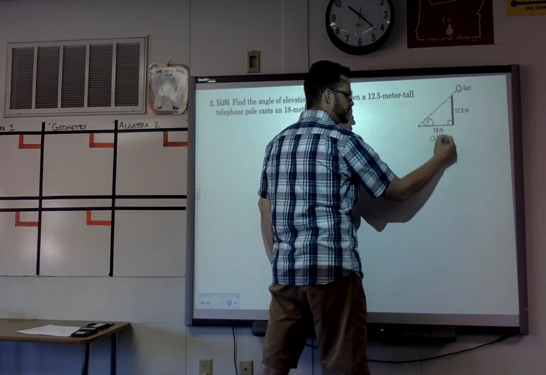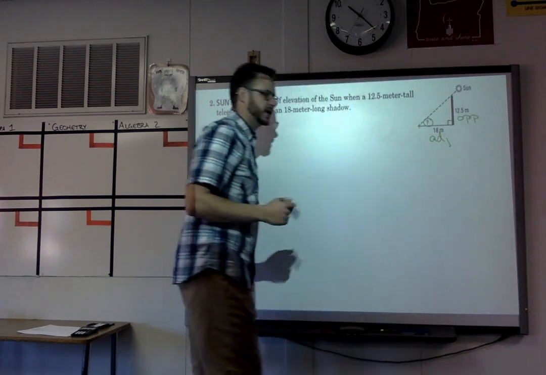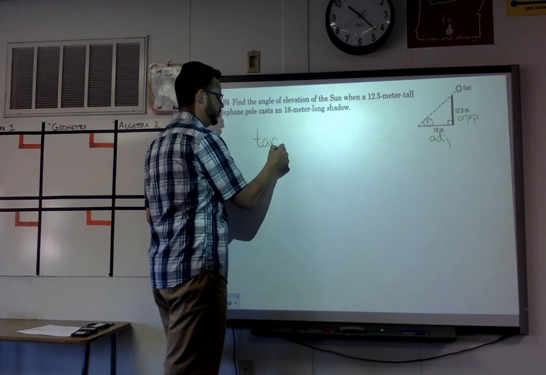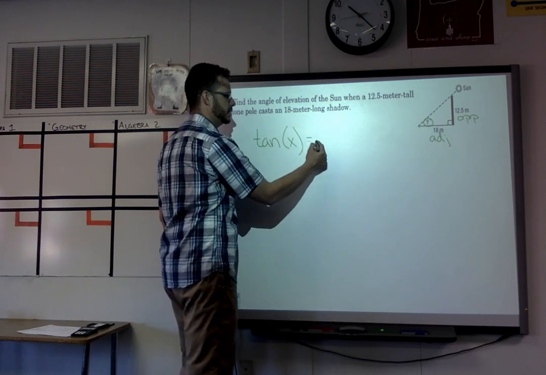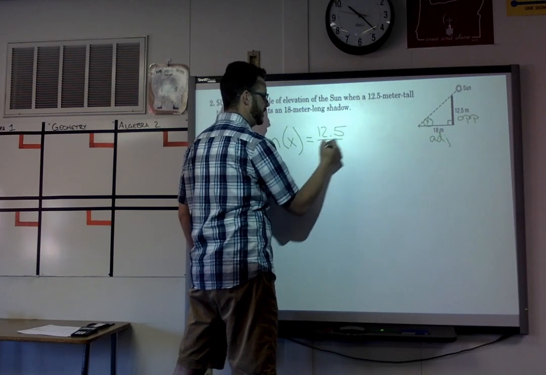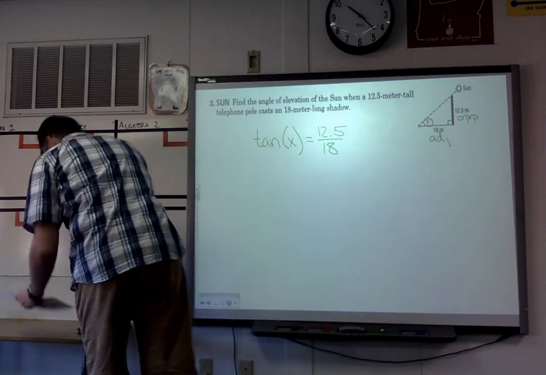We have the adjacent side and we have the opposite side. So again, we're going to be doing the tangent, but this time we don't know the angle, so we're doing the tangent of x is equal to the opposite, which is 12.5, over the adjacent, which is 18.